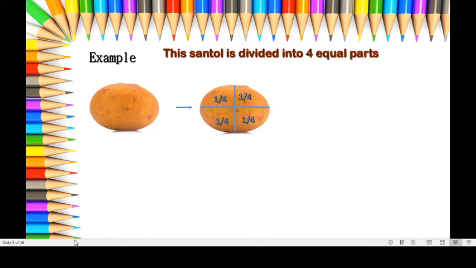If I shade 3 parts of it, the fraction will be 3/4.